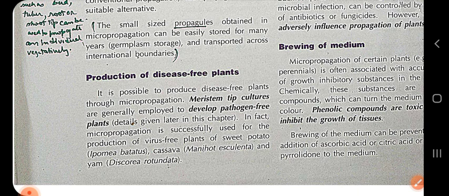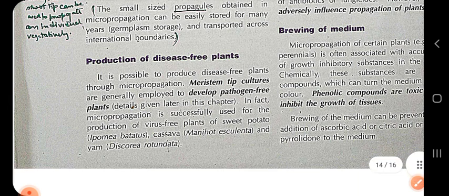They are metabolically active cells, so there is no scope for viruses or other pathogens to enter. Secondly, these meristem regions lack xylem and phloem vessels. The conducting tissues are lacking, and those are also a pathway for entry of pathogens, which is absent in meristem regions.